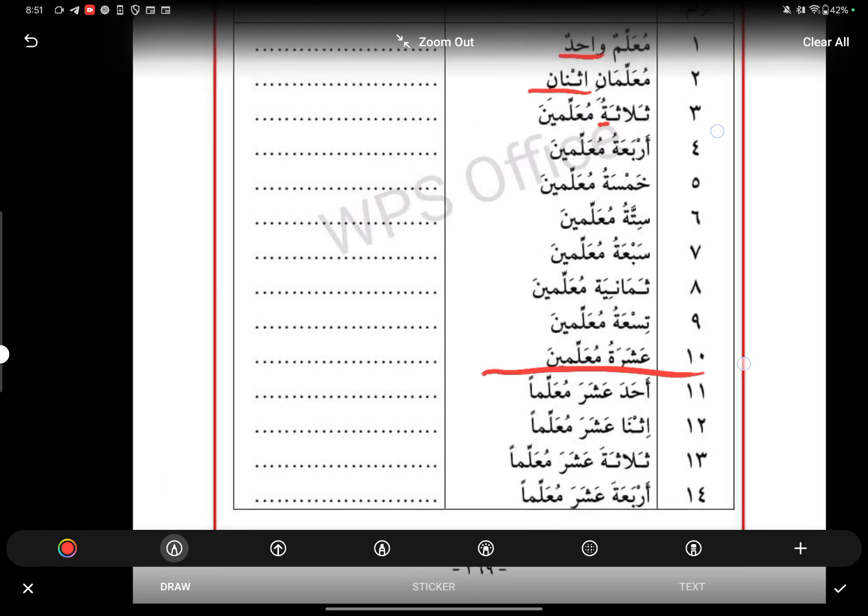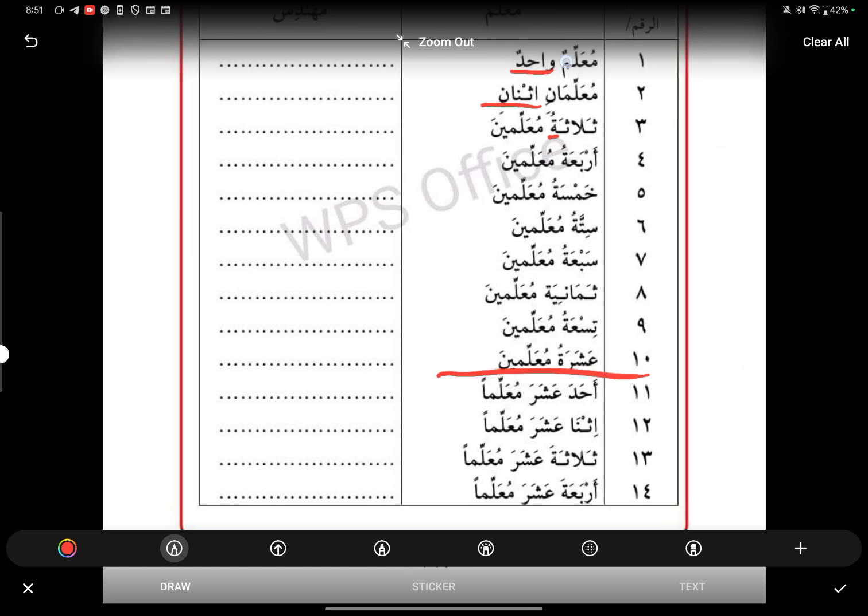But notice a difference here. We had before معلم واحد, right? معلمان اثنان, معلم, which has a dhamma. And now we have here معلمان, right? That is one of the ways to indicate that this is something from 11 going forward.